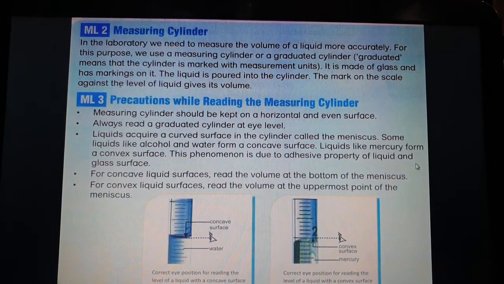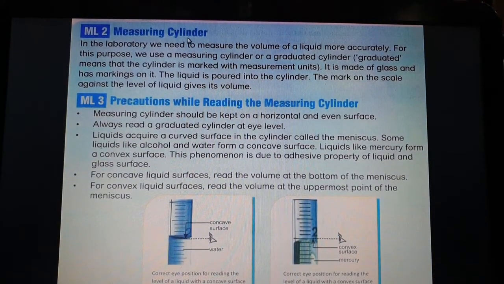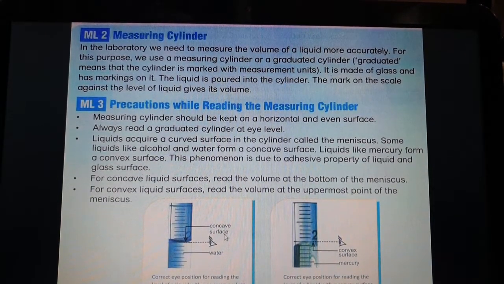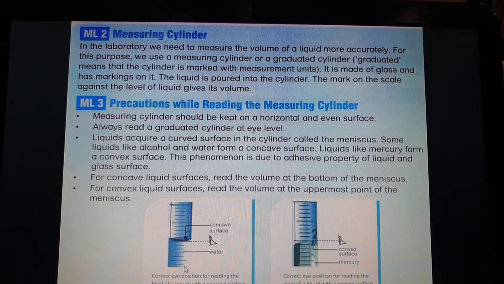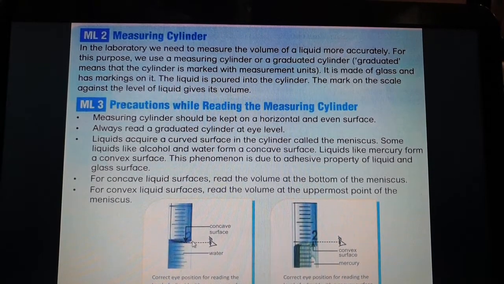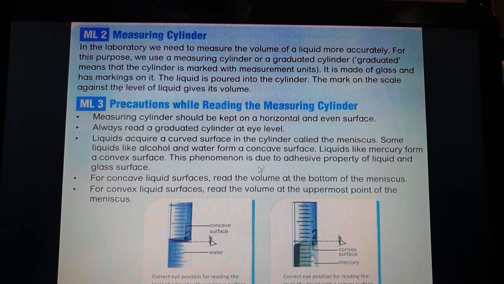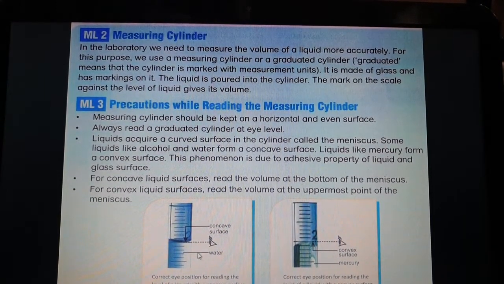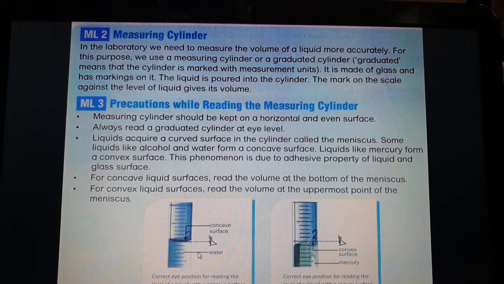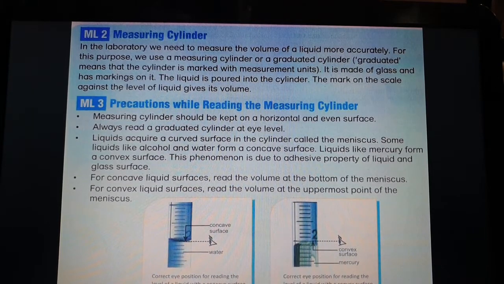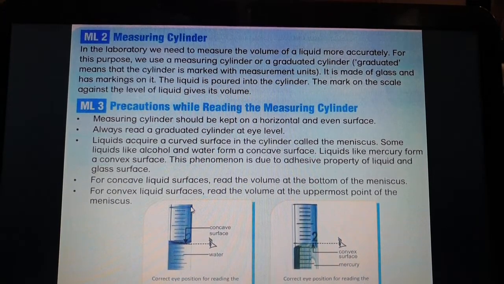Now let us study about the measuring cylinder. In the laboratory, we can find these measuring cylinders. In the last class also, we have seen a picture of measuring cylinders. What is the use of these cylinders? The main purpose of these cylinders is to measure liquids, whatever type of liquids there are.